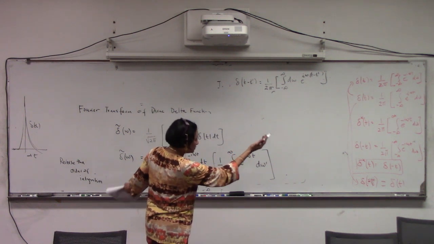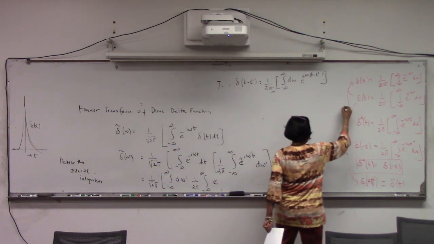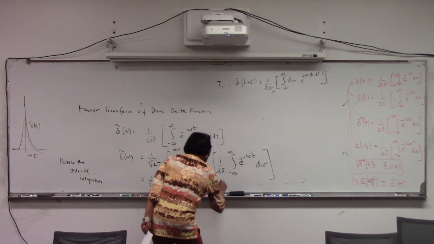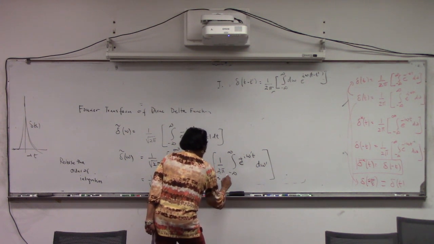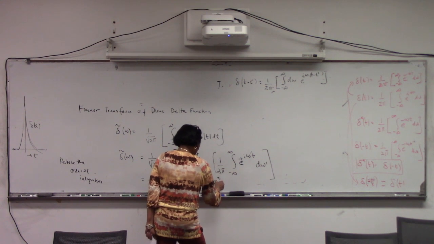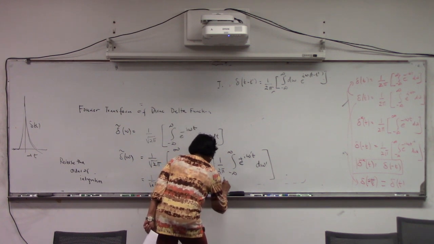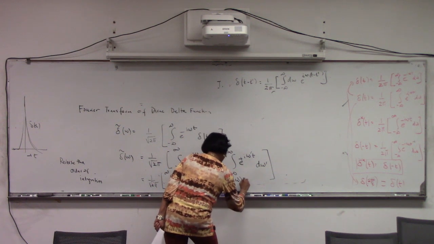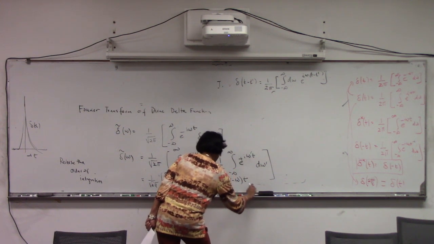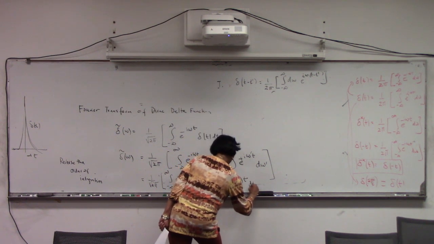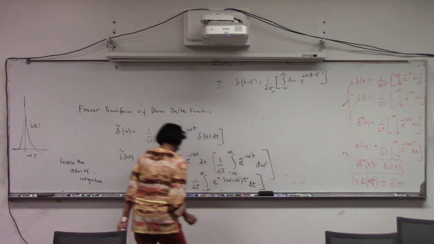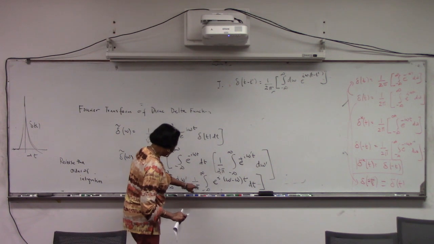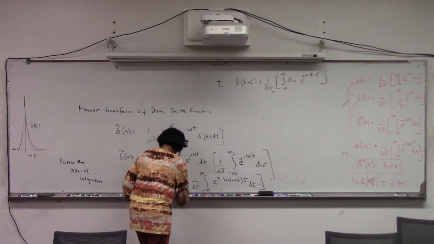Delta t can be plus or minus, but I'm going to take a plus at this point. So what is this function now?